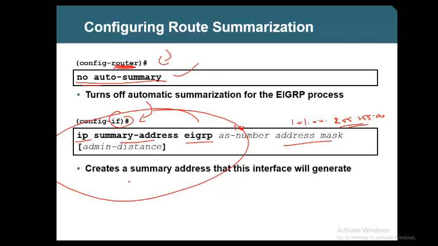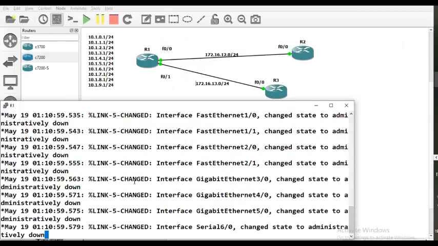Let us do and see this first, and then we'll go to the next topic. So in this topology, router 1 has 10 subnets: 10.1.0, 10.1.1, 10.1.2, up to 10.1.9.